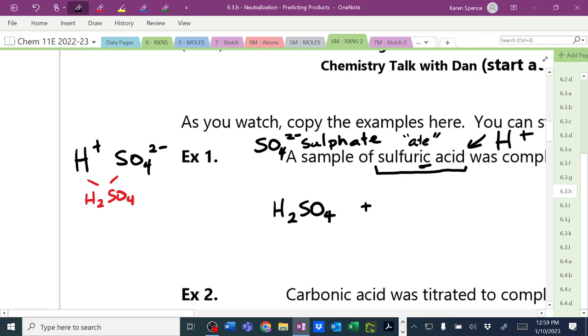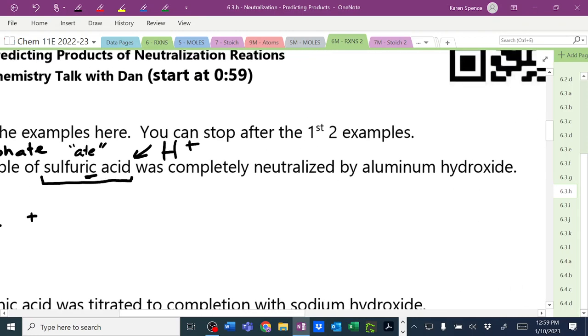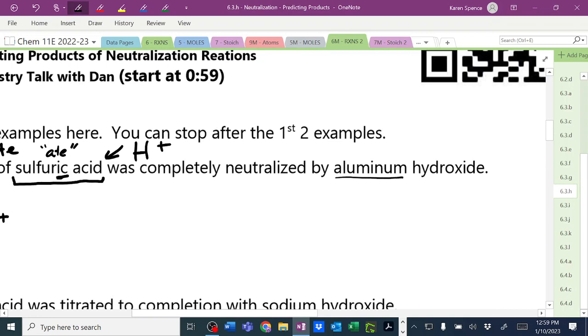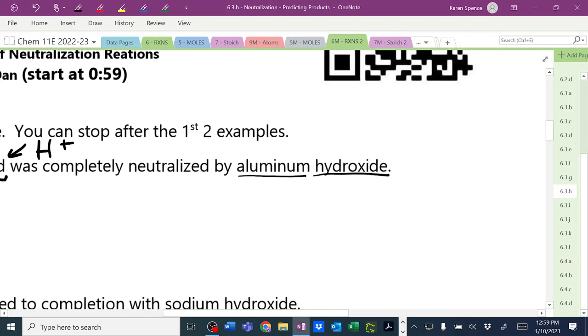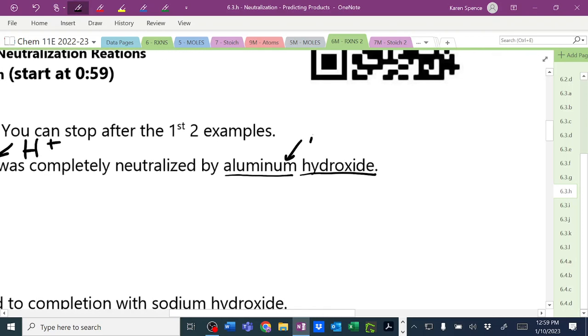Plus, our other reactant is aluminum hydroxide. Aluminum is 3+. Hydroxide is -1. So what's the formula?